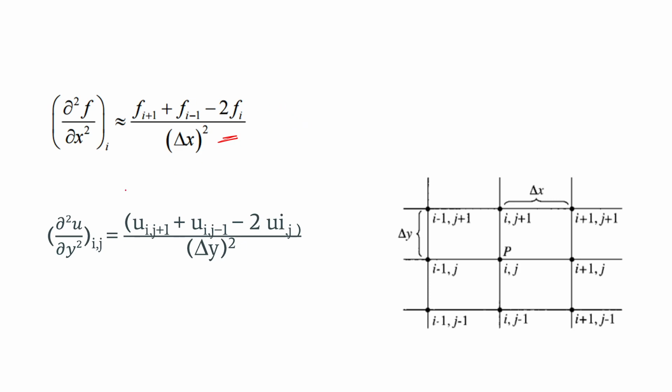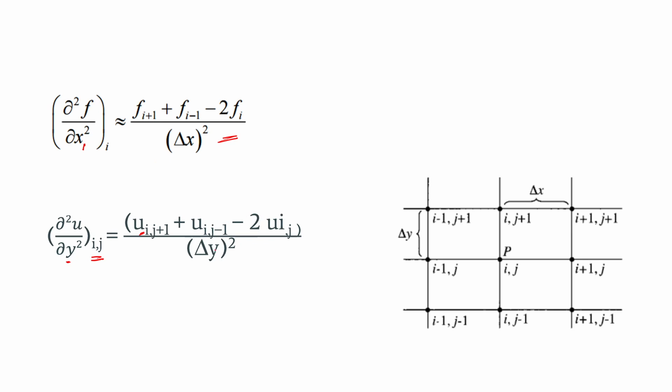So what we want to find is dou square u by dou y square at i comma j. We have two-dimensional coordinates. For x, we only changed the i values. Here we have to find for y, that is the vertical direction, so we keep the i values unchanged and only vary the j values.